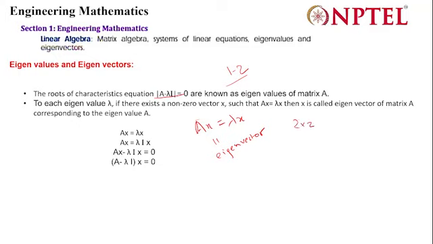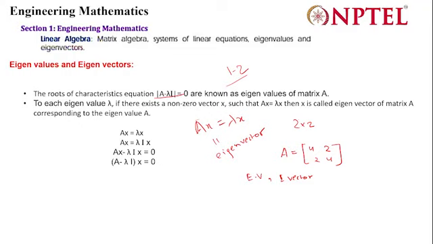Suppose A is a 2 cross 2 matrix, [4 2; 2 4], and we are asked to calculate the eigenvalues and eigenvectors. How do we calculate them for a 2 cross 2?